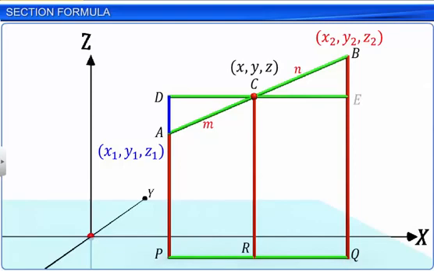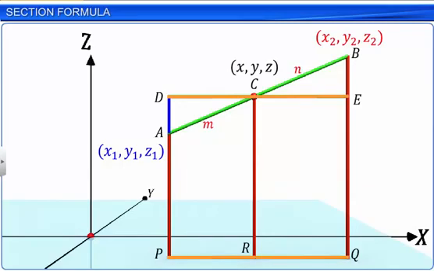We can observe that quadrilaterals DPRC and CRQE are parallelograms since lines AP, CR, and EQ are parallel to each other, and lines DC parallel to PR and CE parallel to RQ are also parallel to each other.